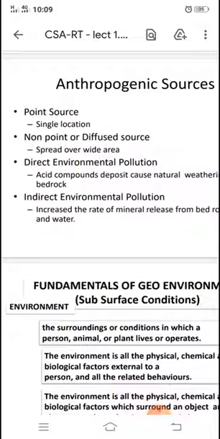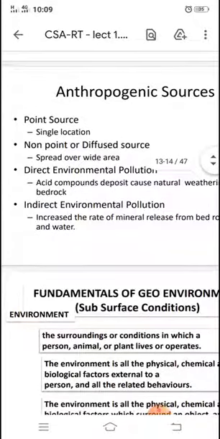So point source is having a single location, single source which is well defined. It is called a point source. While non-point source is something whose origin is not known. So it is having a wide area covered, and normally the point source is in the form of channels, while this non-point source is in the form of area-wise surface flow movement of the contaminant or wastewater.